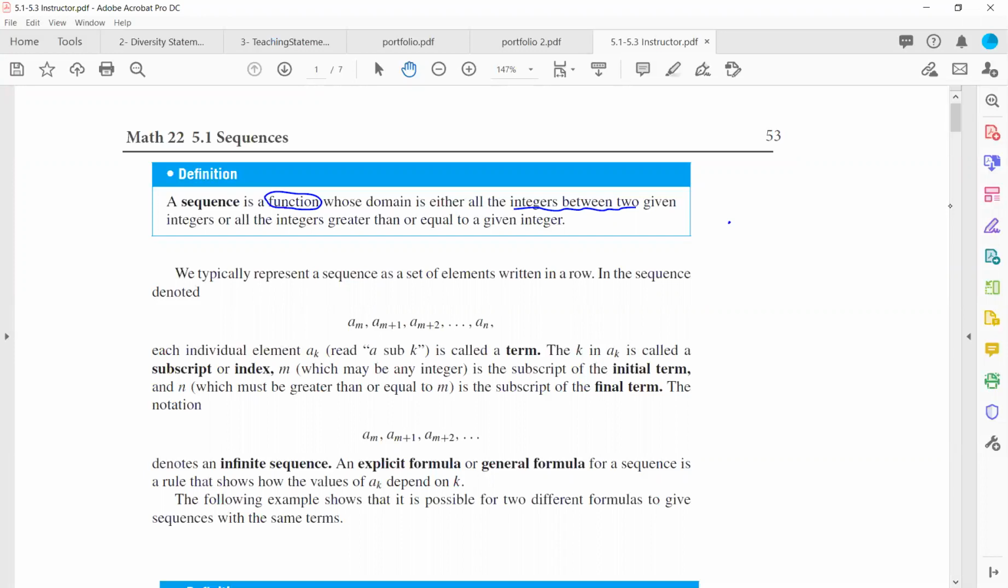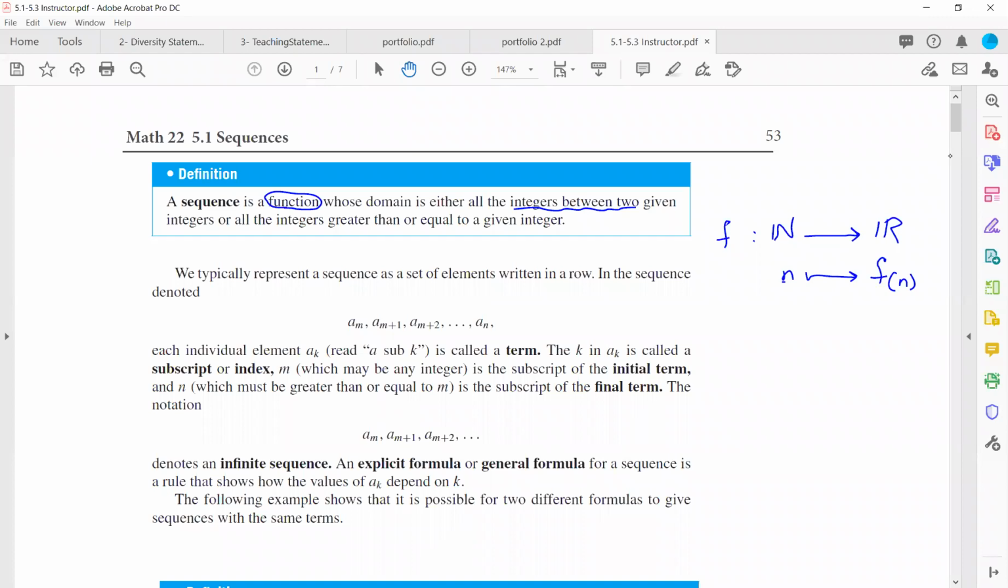So you can consider a sequence as a function that maps, for example, n natural numbers to r real numbers. It takes on natural numbers like n and it maps them into f of n. This is just a function.